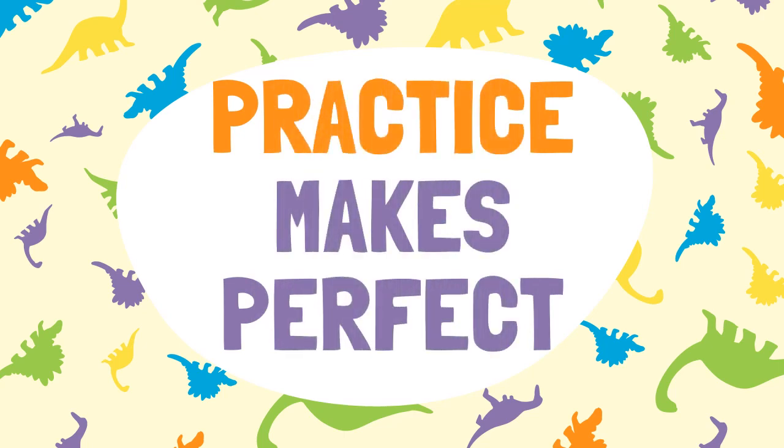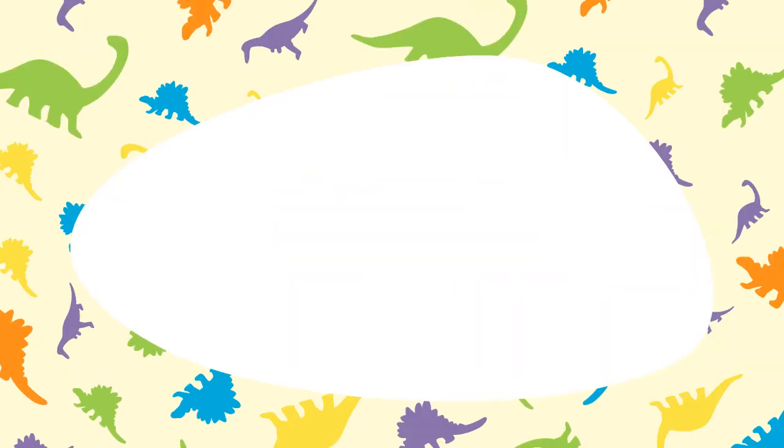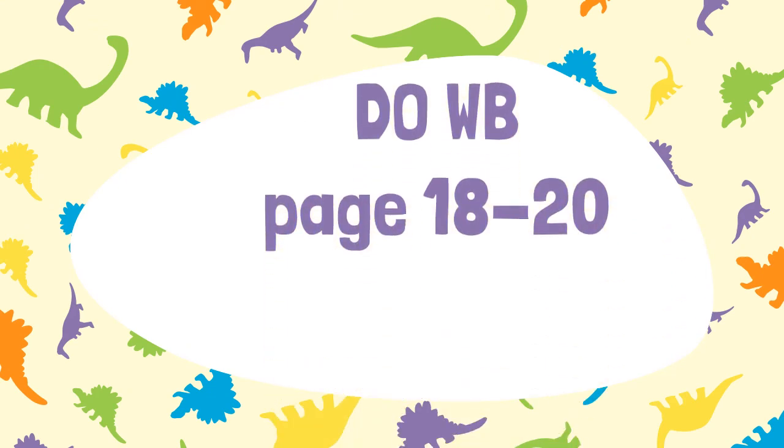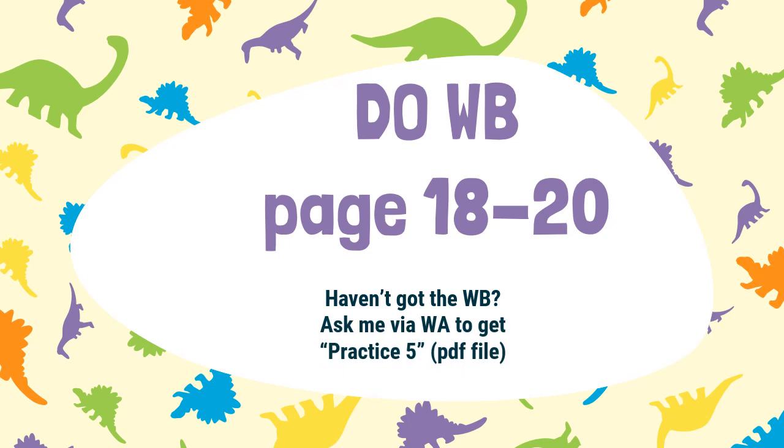Okay, practice makes perfect. So now we have the project again. Do your workbook pages 18 until 20, still about comparing and ordering numbers, okay? And remember, if you haven't got your workbook, please ask Miss Yana via WhatsApp to get the practice 5 PDF file so you can do it in your exercise book.